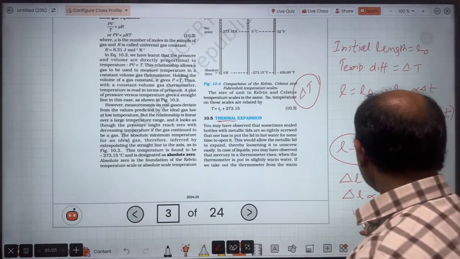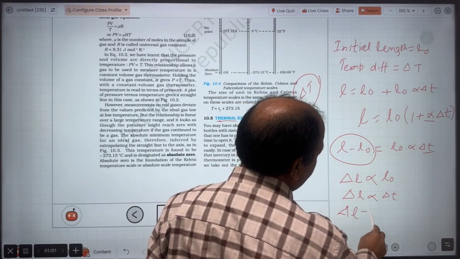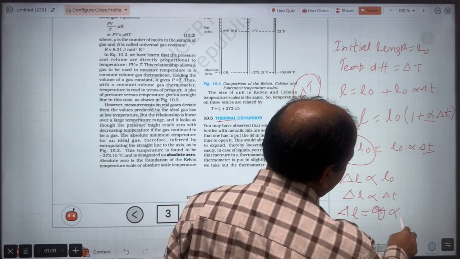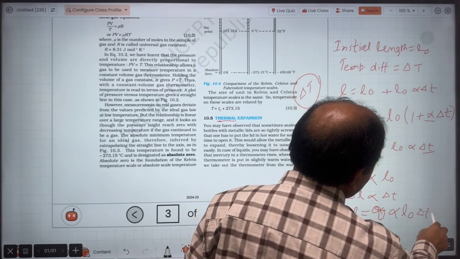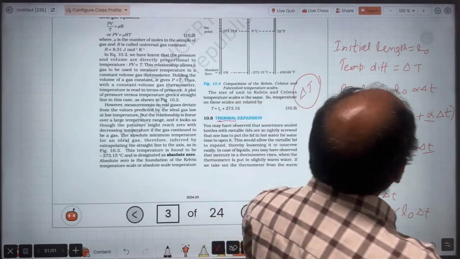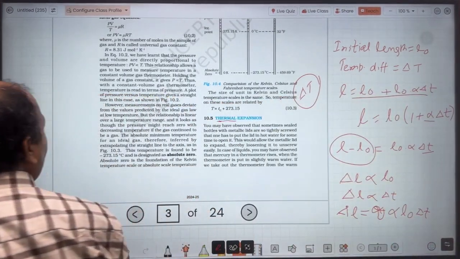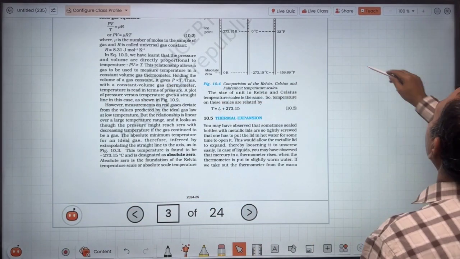So here delta L will be equal to a constant alpha, then L0 delta T. The same thing is written here in this form, expanded form. I think you have understood, or if you need quick recap, I'm telling you.